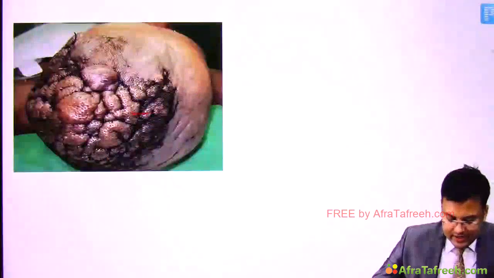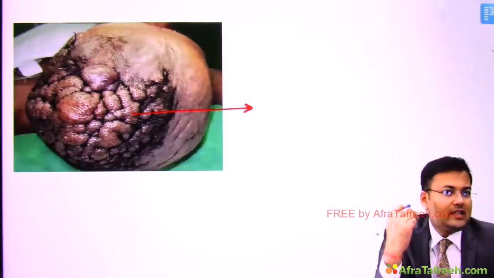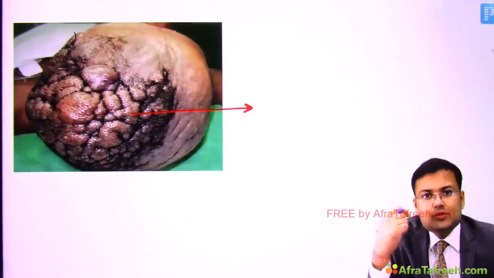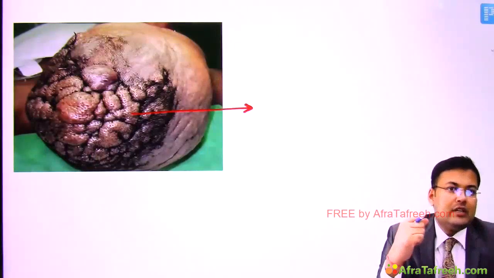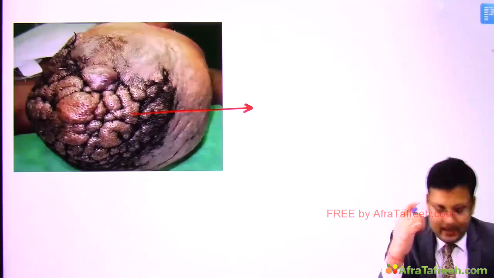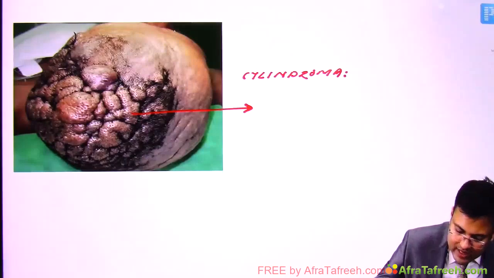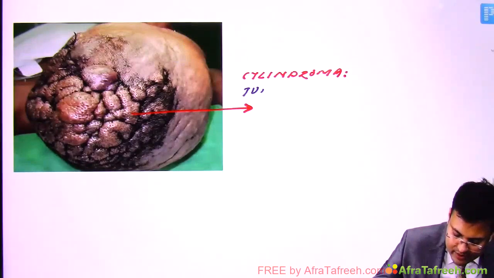So in this condition, can you notice that there is piling of tissues like a turban? Have you seen a Rajasthani turban? So piling of tissues like a turban, and this is known as what? Turban tumor. The other name of turban tumor is cylindroma. So the name of this condition is cylindroma, and it is known as turban tumor.